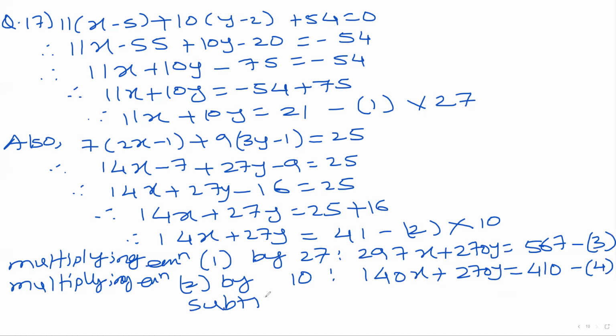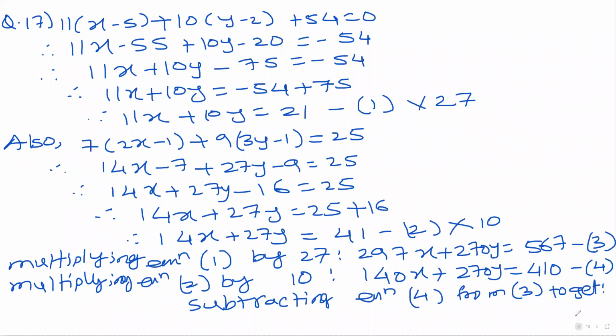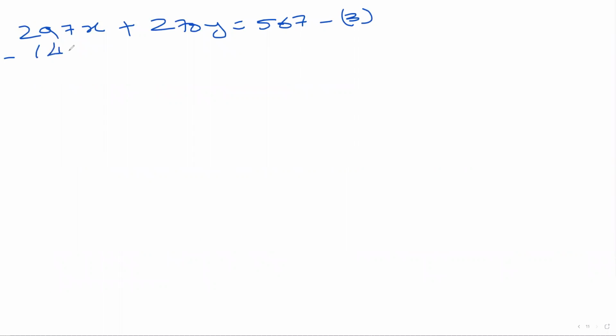So write down subtracting equation 4 from 3 to get 297x plus 270y is equal to 567, minus 140x plus 270y is equal to 410.